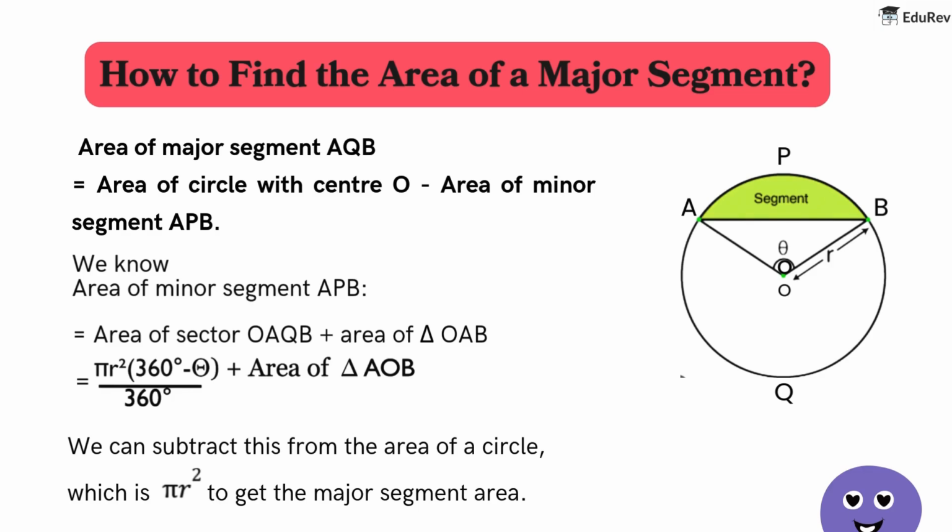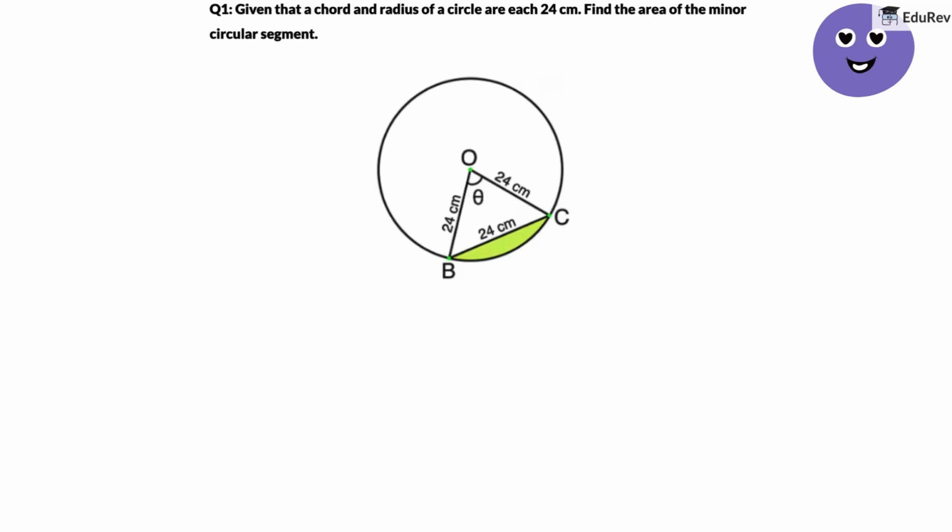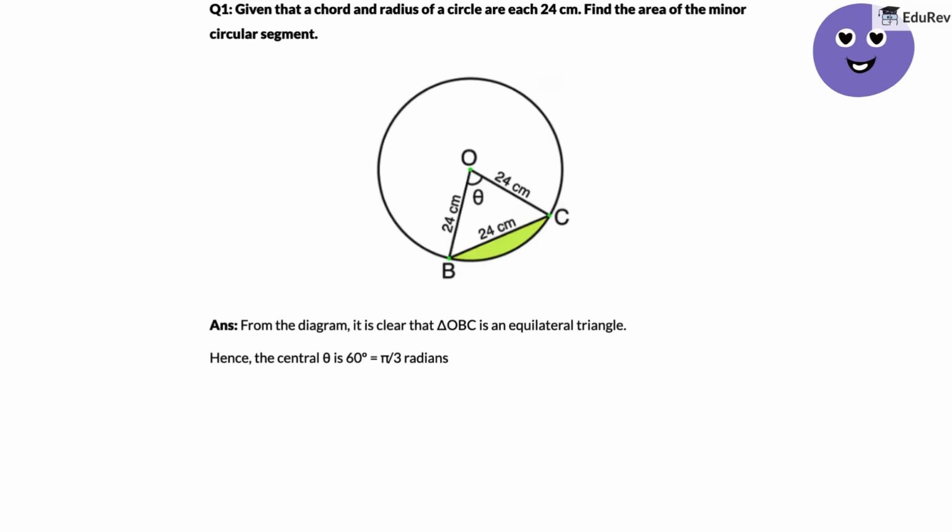Now, let's look at an example to clarify this concept. Given that a chord and the radius of a circle are each 24 centimeters, we need to find the area of the minor circular segment. From the diagram, it is clear that AOBC forms an equilateral triangle. Hence, the central angle theta is 60 degrees, which is equivalent to pi by 3 radians.